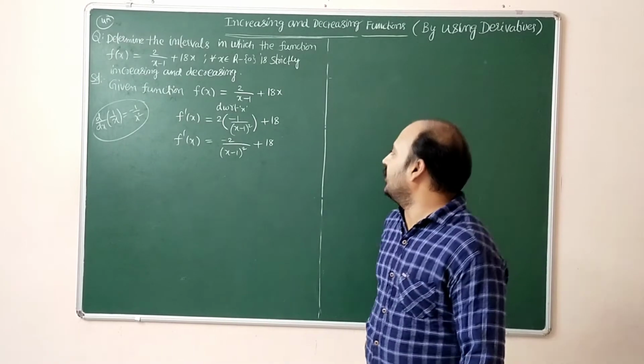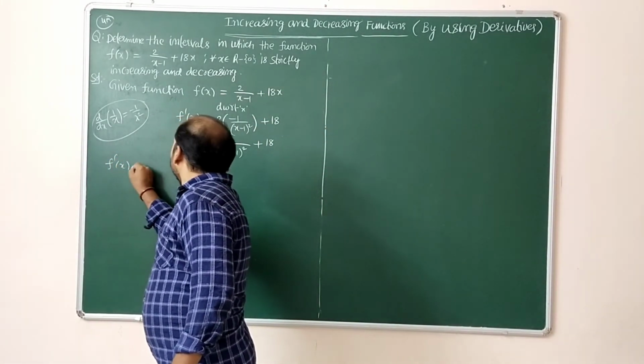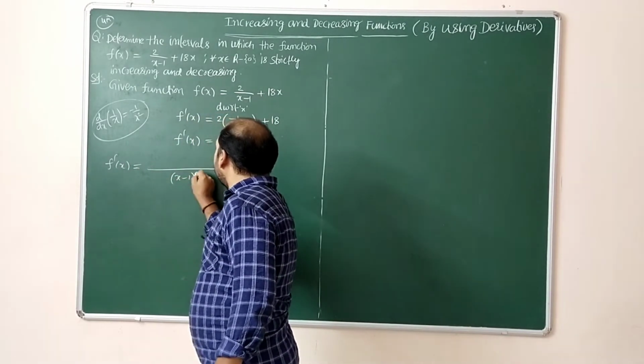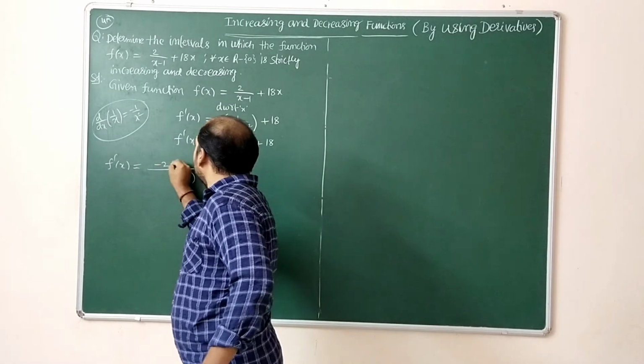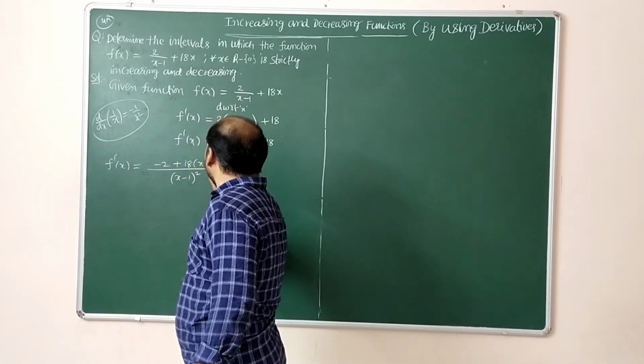Now simplification. f dash of x is equal to, take the LCM, x minus 1 whole square is the LCM. So minus 2 into 2 plus 18 times of x minus 1 whole square.